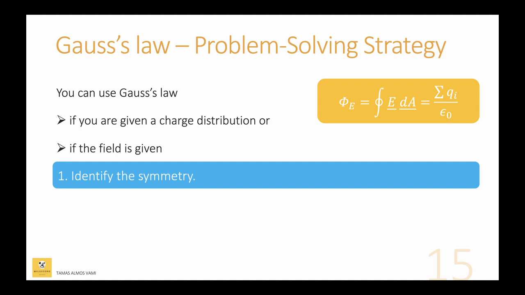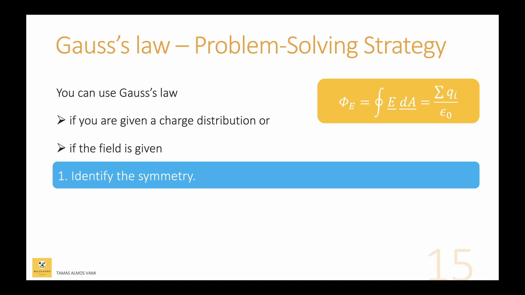It could be that they tell you the electric field distribution, and the question is how much charge is included in the box. Or they can give you the charge distribution, and you can look for the electric field.